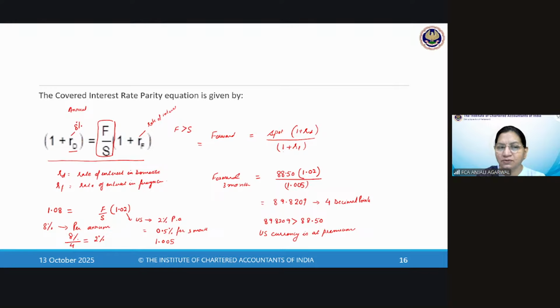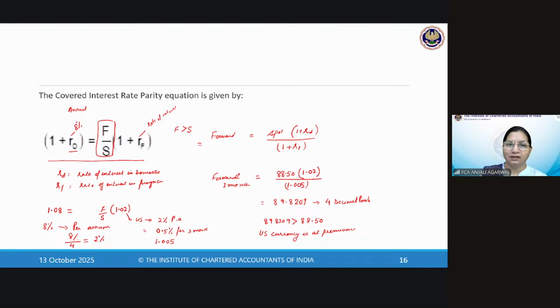Either you use the formula forward minus spot by spot into 100 to calculate the premium or discount on the denominator currency. For the other currency, either you calculate the inverse quotes first, or you change the formula to forward minus spot divided by forward to calculate the discount or premium on the numerator currency.